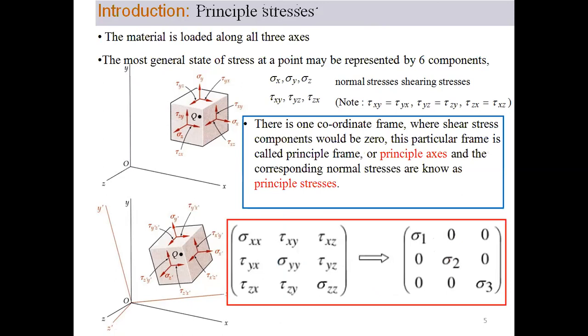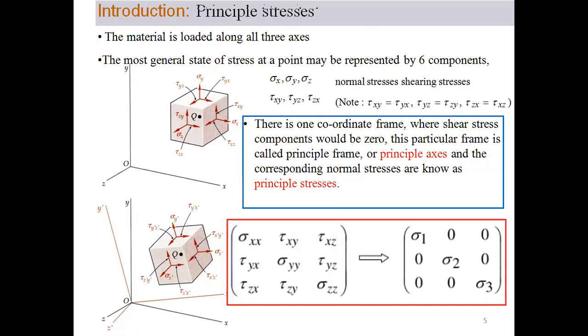Also, if you look here, at this point O, we have a coordinate frame X, Y, Z, and we have rotated this coordinate frame to some angle, and now our new coordinate frame is x prime, y prime, and z prime. To this point O, we could pass infinite number of coordinate frames.